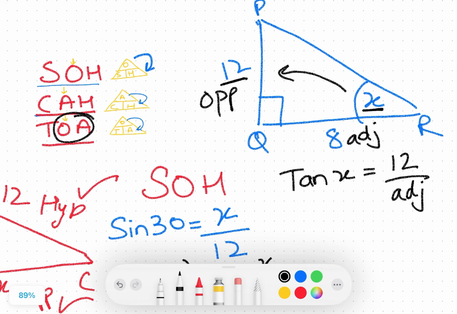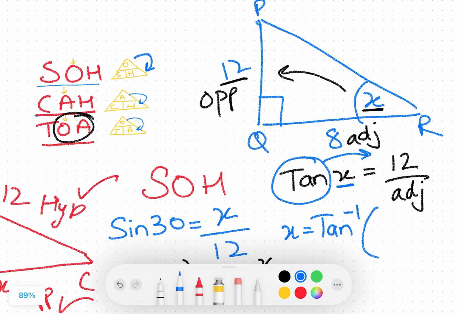Fantastic. Now I've filled everything up, but there's a problem. I need to find this x, so I must send this tan to the other side. I need to rearrange this formula. This only happens when we want to find the angle. We take the function to the other side and we put it as a -1, so tan to the power of -1 of 12 over 8.